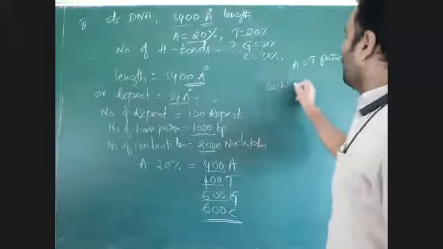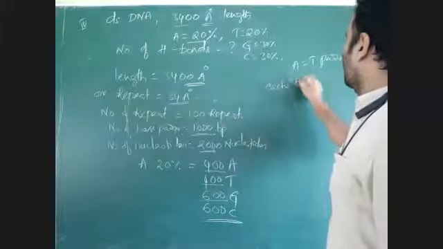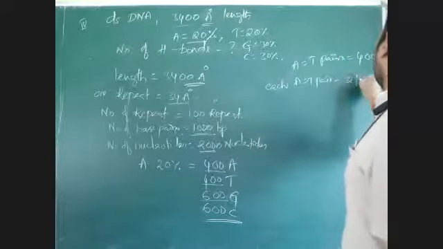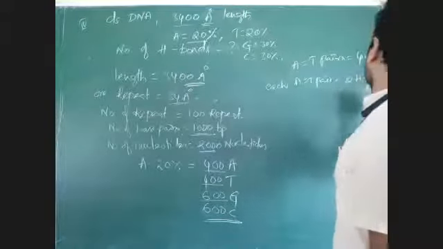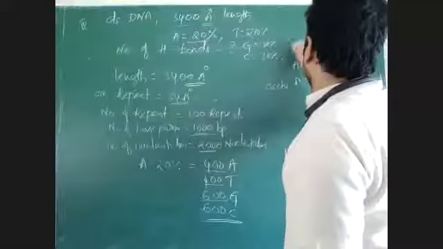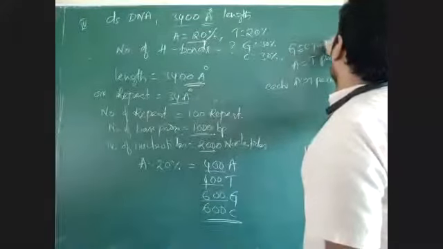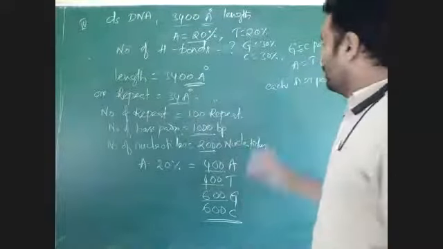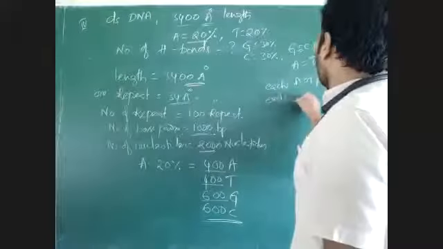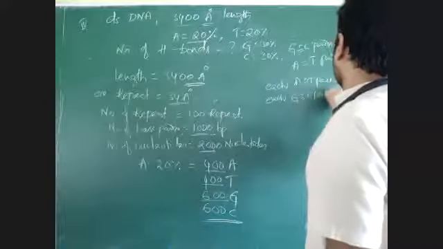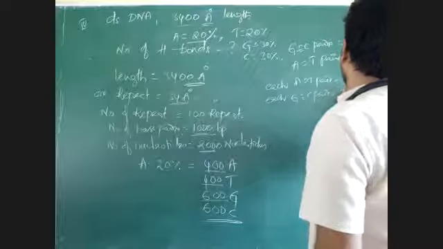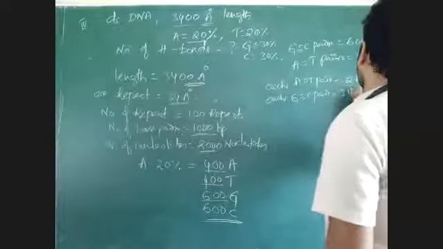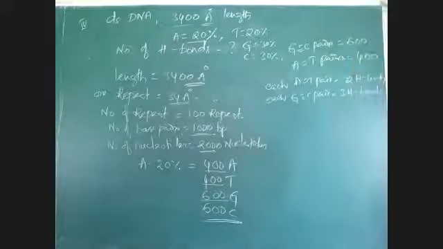What is the number of hydrogen bonds? Each AT pair has 2 hydrogen bonds, and GC pairs will be 600. Each GC pair has 3 hydrogen bonds.